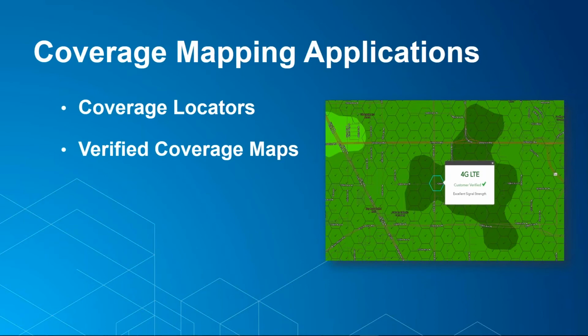So with the ArcGIS platform, we've got real-time tools and big data analytics that will allow you to ingest that information, process it, summarize it into these hexagon bins or any type of bins, and then provide that as a layer that sits on top of your coverage maps to let your customers know whether or not it's been a verified coverage for that particular area.